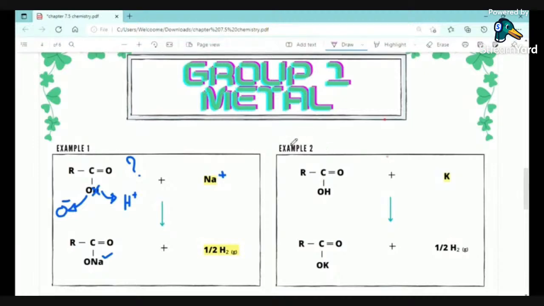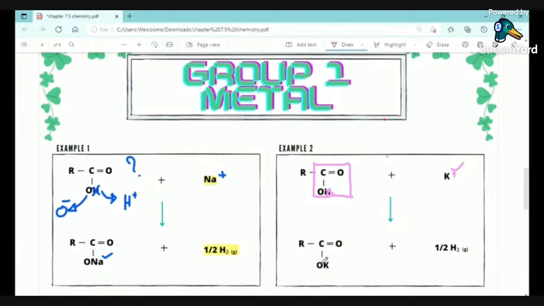So let's see another example. It will be exactly the same as example 1. So we will focus on the carboxylic acid group, especially the hydrogen on the OH. Hydrogen will be removed and replaced by potassium plus. And again, what does not change shall remain unchanged. But you have another way of writing.